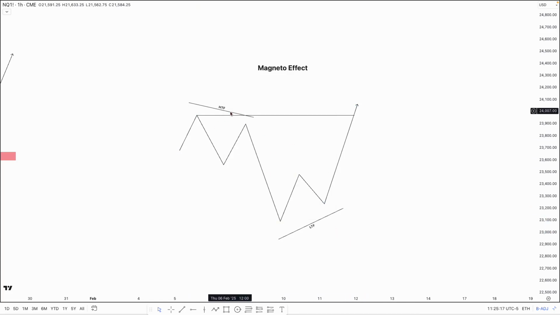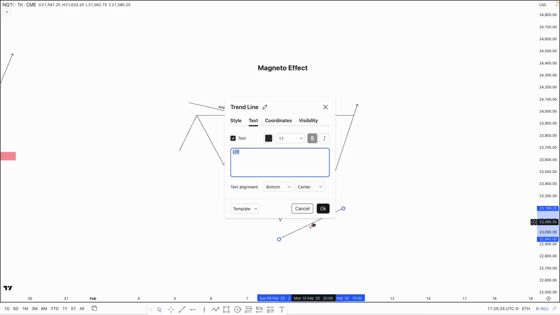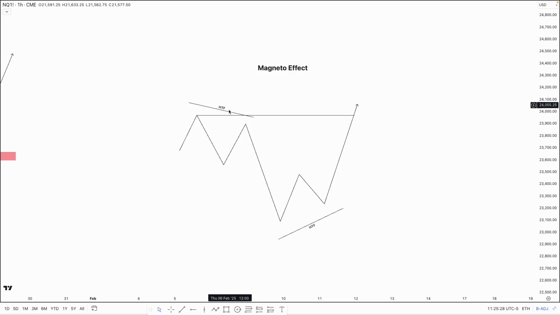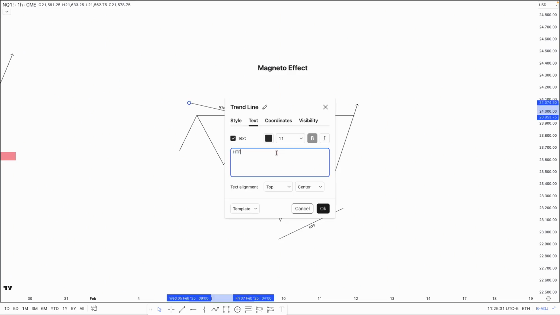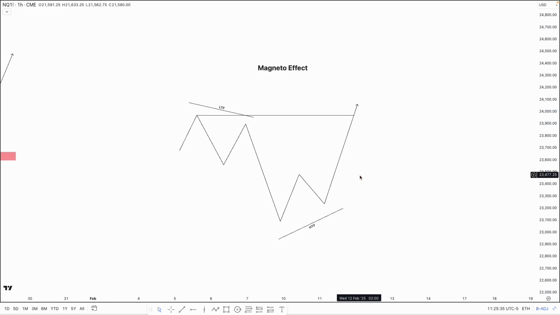This would not work because we know, and we've been taught from the very beginning, that the higher time frame trumps the lower time frame. So this would need to be on the higher time frame. Okay? We could also have something that looks like this. We would expect this to work. Okay? This is the Magneto effect, where SMT1 creates SMT2, leading SMT2 to target SMT1 as its draw liquidity.